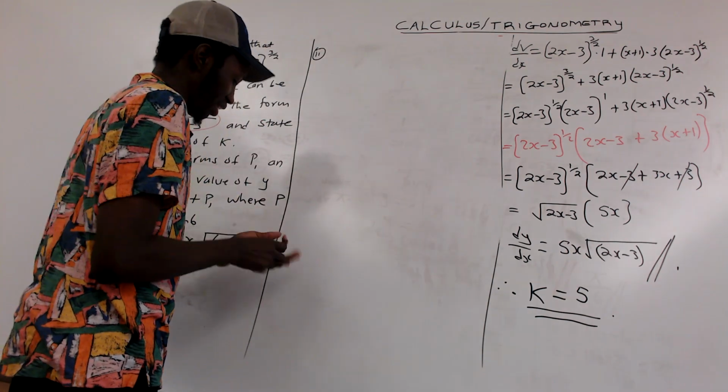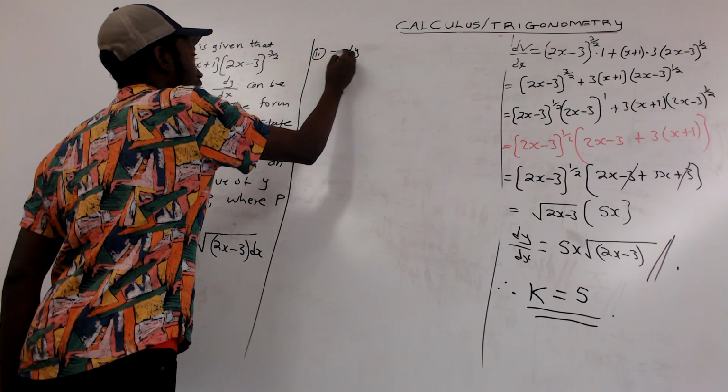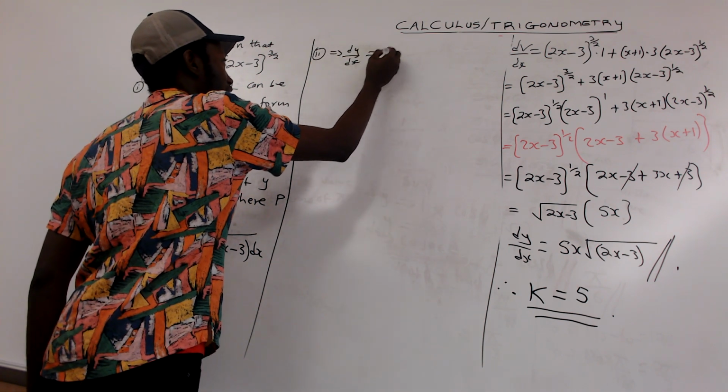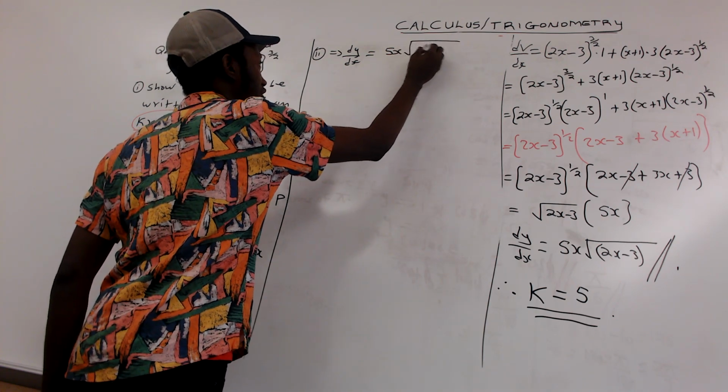We need to find the derivative. We are given dy over dx to be 5x times the square root of 2x minus 3.